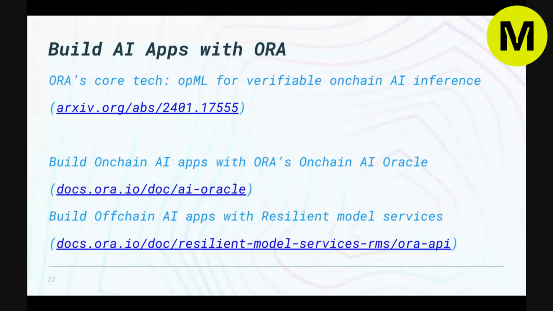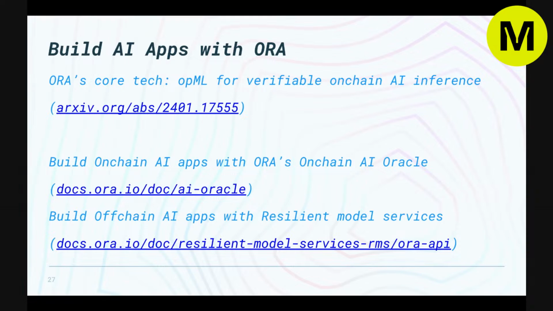To recap, our core technology is OPML. It is optimistic machine learning that generates verifiable on-chain AI inference, and I think on the market it's the only possible way to make all these large models on-chain.